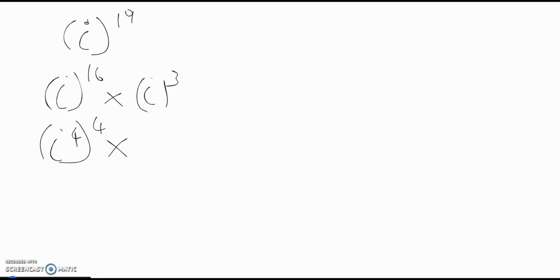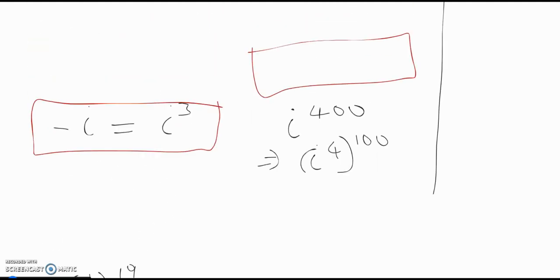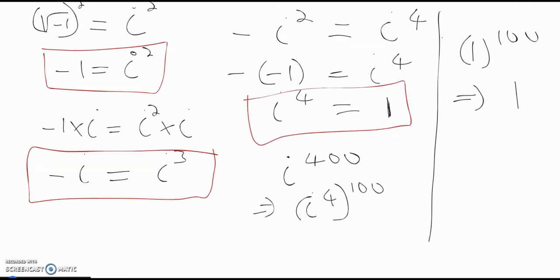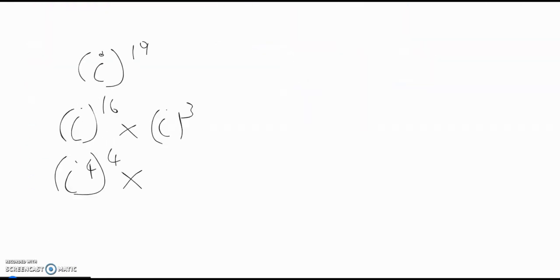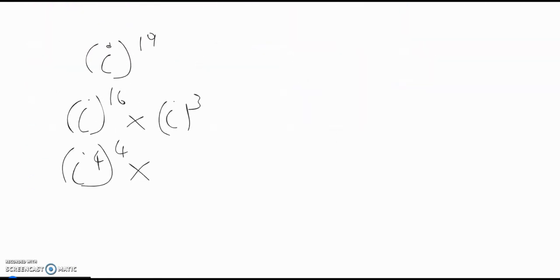What about i cubed? Now, if we go back up, we would have found out that i cubed was equal to -i. So to simplify this, this becomes times -i, and of course, i to the 4 is 1, so we have 1 to the 4 times -i. But once again, 1 raised to any power is 1, so you have 1 times -i, which becomes -i.